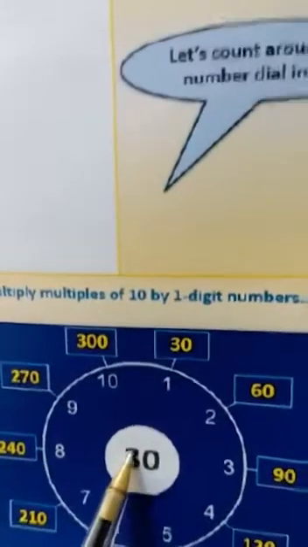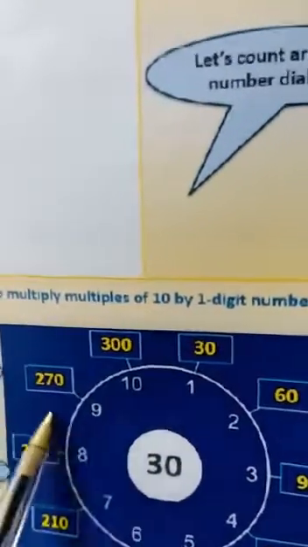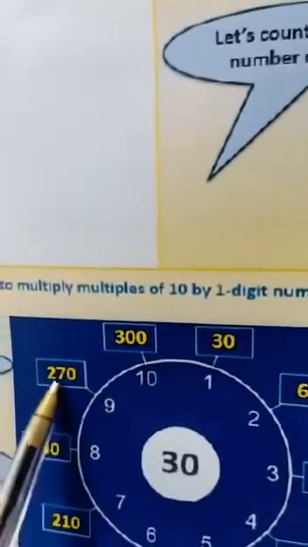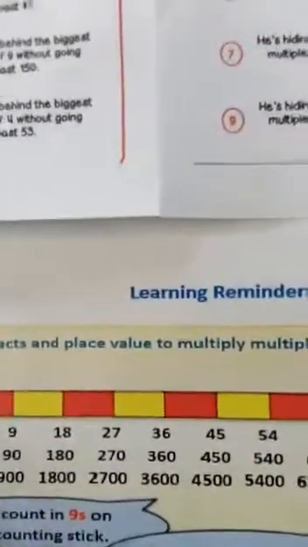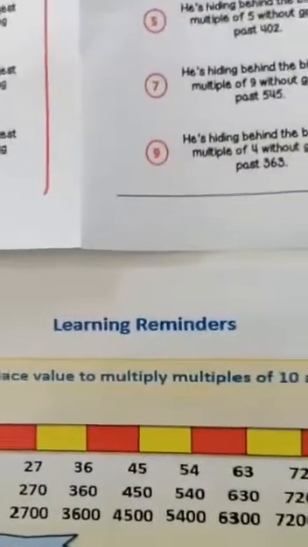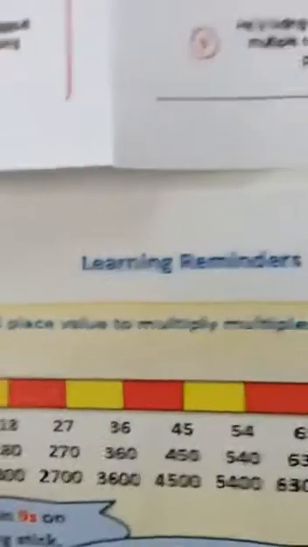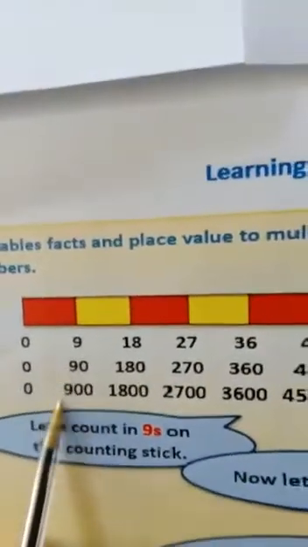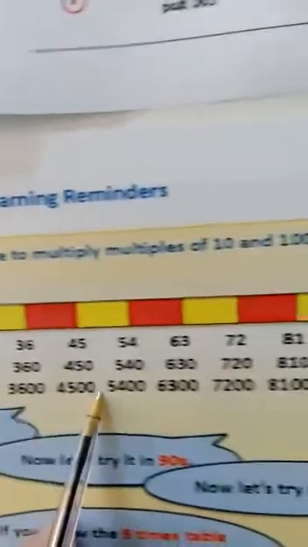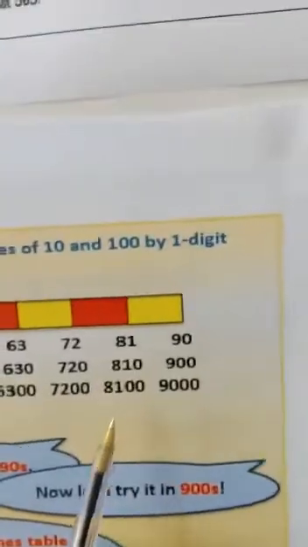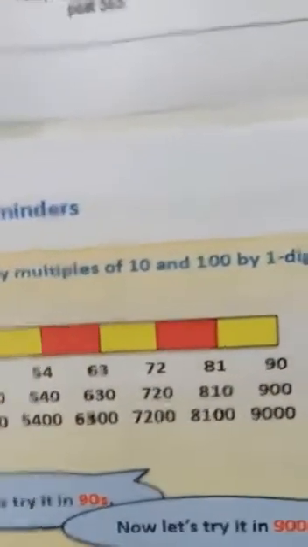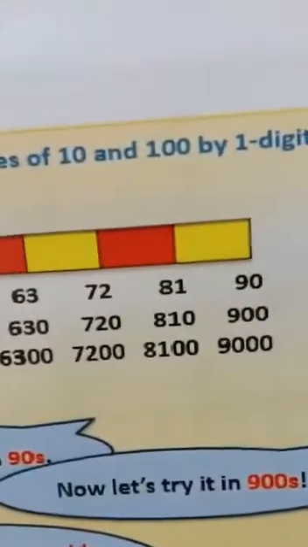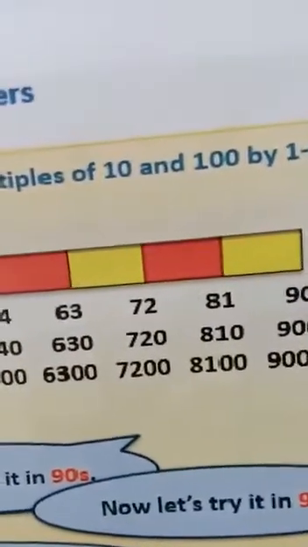But when you have it as a tens digit, you've got to times 27 by 10. And then we've got some patterns for the multiples of 10 and 100. So 9 times 10 becomes 90, 9 times 100 is 900, and it follows this pattern. So if you know the 9 times table, then you use place value to find the 90 times table and the 900s times table.